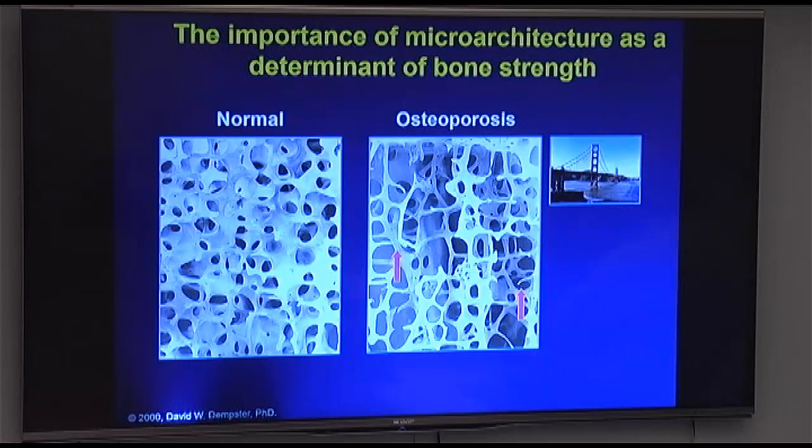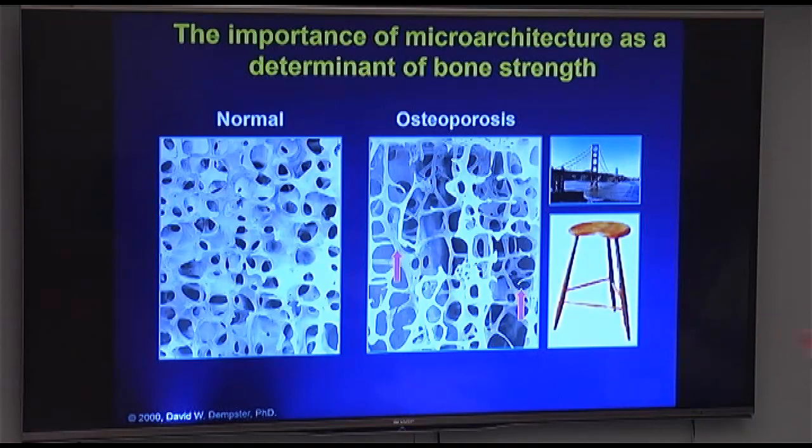But if you had to pick which is the more structurally important element of the suspension bridge, it's the suspension. That's holding the bridge up. It's the plate, not the rod. What about this three-legged stool? Is it the rods, the legs, or the horizontal struts?